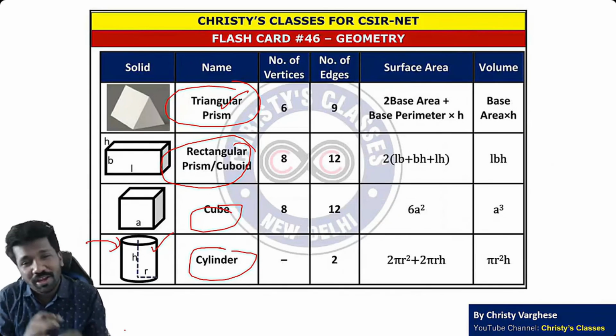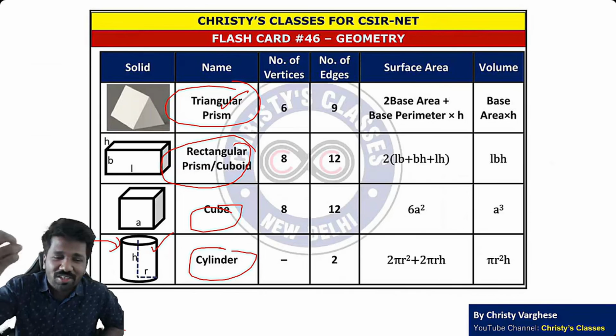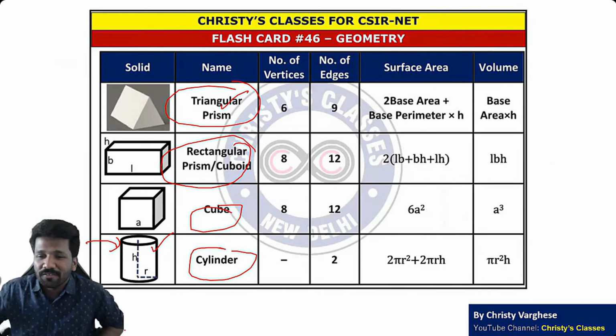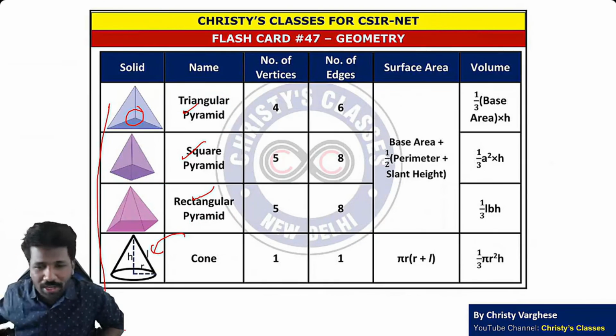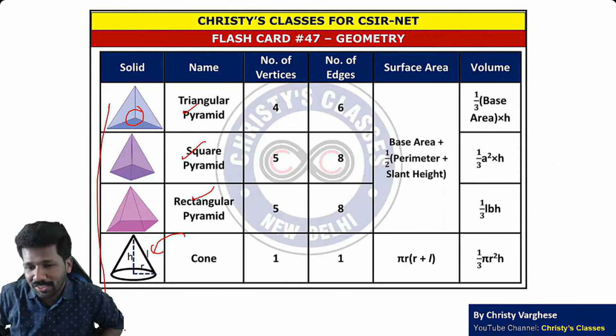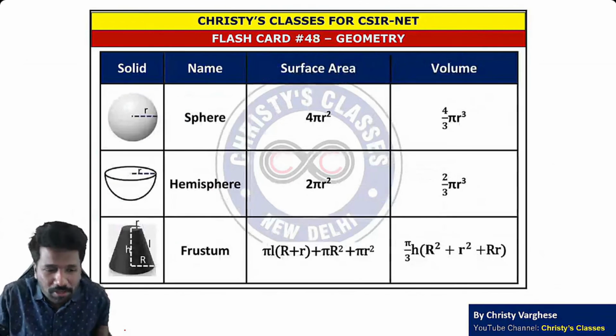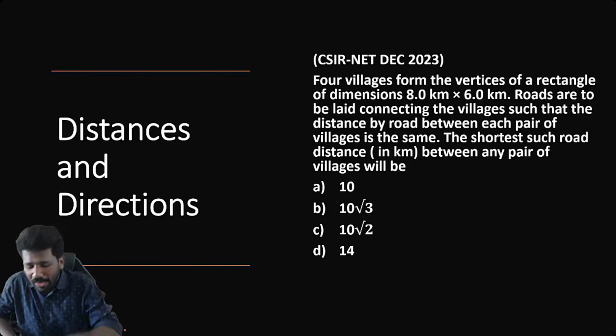That does not mean that questions will be asked only from what I show you. No, I am trying to cover all areas from which CSIR can ask questions. We will not leave any area. That is the idea. Anyway, that is 3D geometry and 2D geometry.